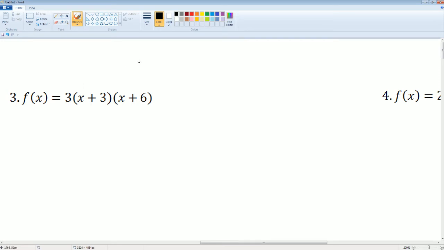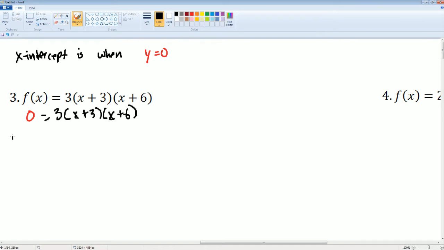We want to find when the x-intercept is when y equals 0. So this becomes 0, equals 3, parentheses, x plus 3, close the parentheses, x plus 6. Okay, 3 equals 0, x plus 3 equals 0, and x plus 6 equals 0.